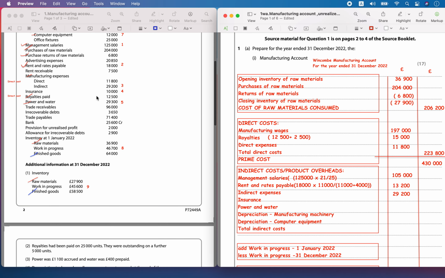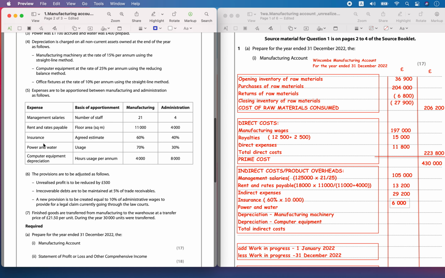Insurance has to be apportioned on the basis of 60 over 40. Insurance was 10,000, so let's apportion it. 60 percentage of 10,000 is 6,000.